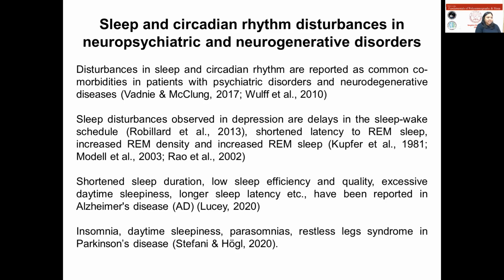In Alzheimer's disease, shortened sleep duration, low sleep frequency and quality, excessive daytime sleepiness and long sleep latencies are also reported. In Parkinson's, insomnia, daytime sleepiness, parasomnia, and restless leg syndrome have also been reported.